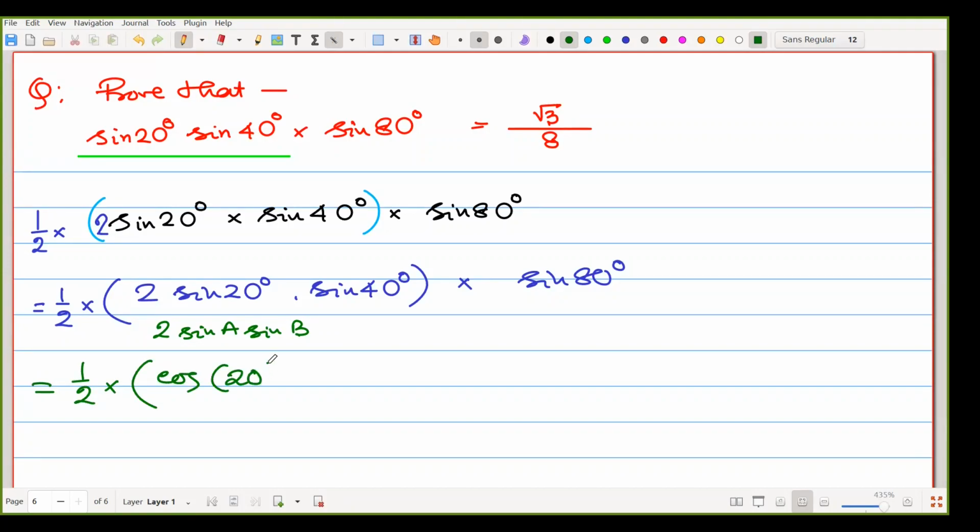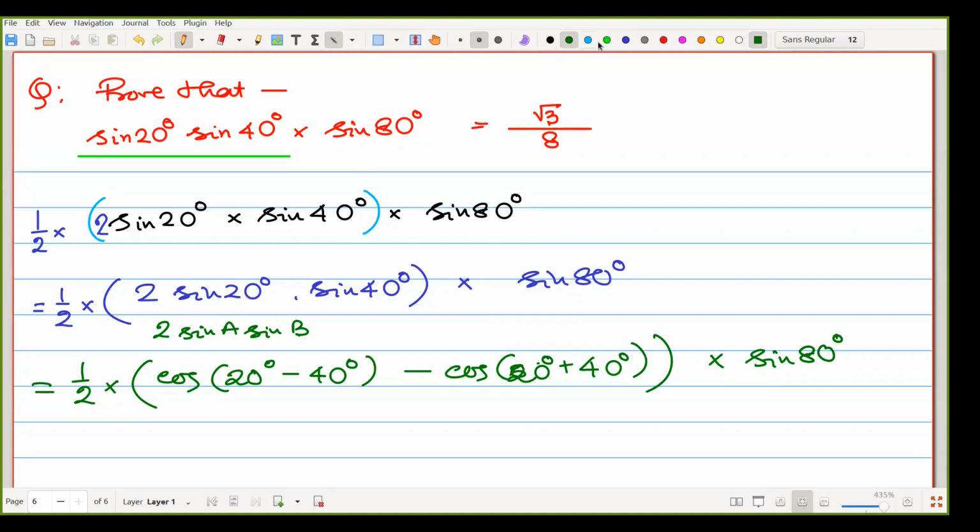So that is cos of 20 degree minus 40 degree, or we can use 40 degree minus 20 degree, but there would be no problem, minus cos of A plus B. That means 20 degree plus 40 degree into sine 80 degree.